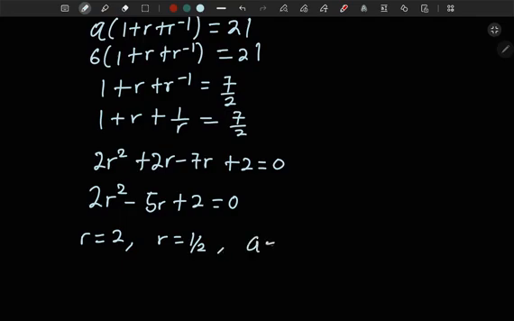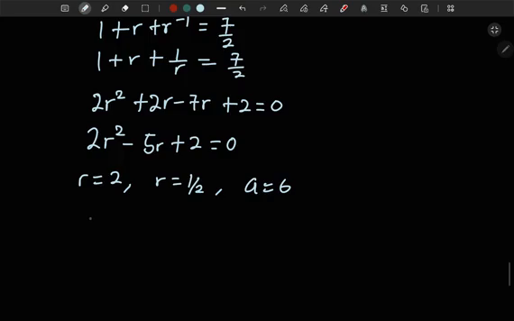So when a equals 6, the roots are a, ar, and ar to the power minus 1. You can use any of these values of r, either 2 or 1/2, and you still have the same roots. When a is 6 and r is 2, this is going to be 6, 12, and then 6 times 1/2, that's going to give us 3.